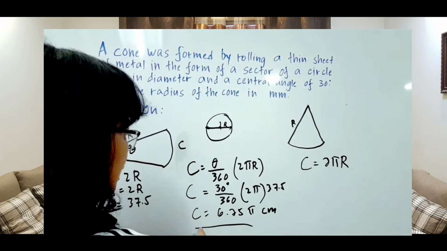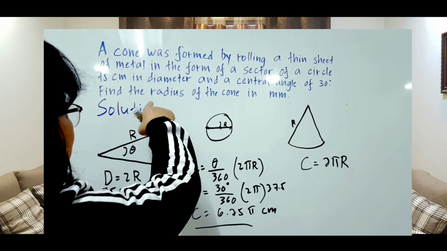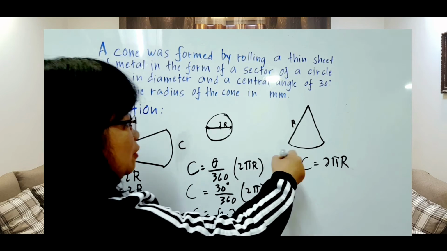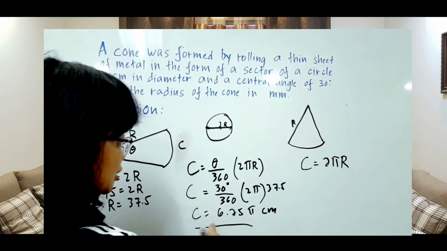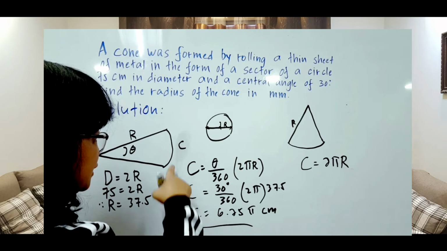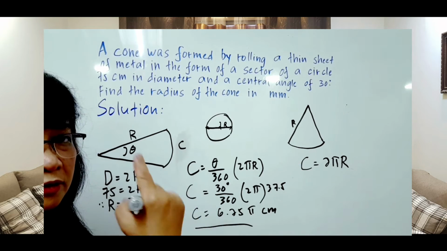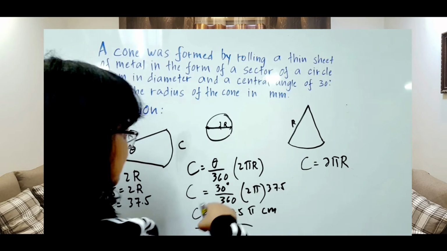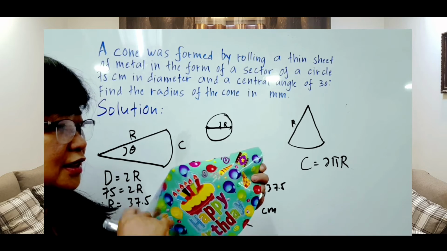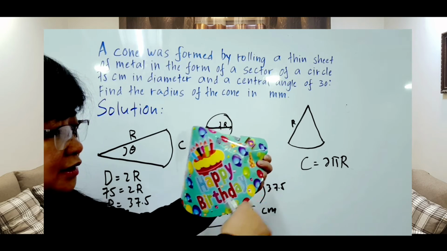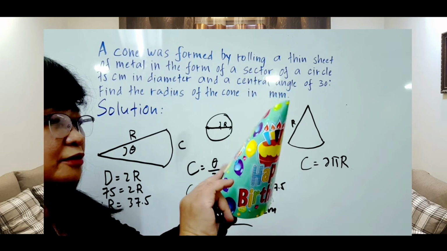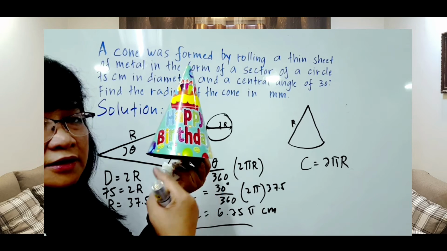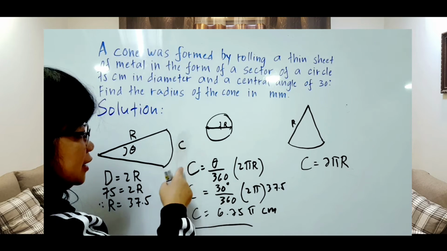Now, because what is required is the radius of the cone, this is the radius of the cone. The arc length, when you roll it into a conical shape, will become the same as the circumference. As I've said earlier, the length of this one is equal to the arc length.